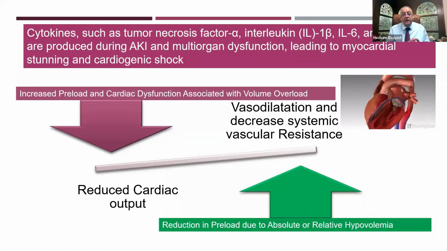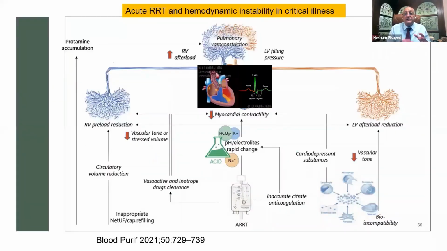So the heart is suffering from decreased preload and is potentially loaded with cytokines and other uremic toxins, which impair its contractility.